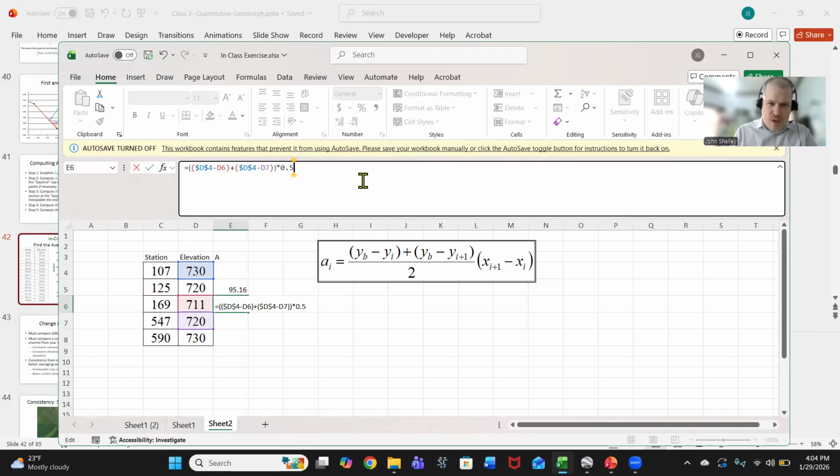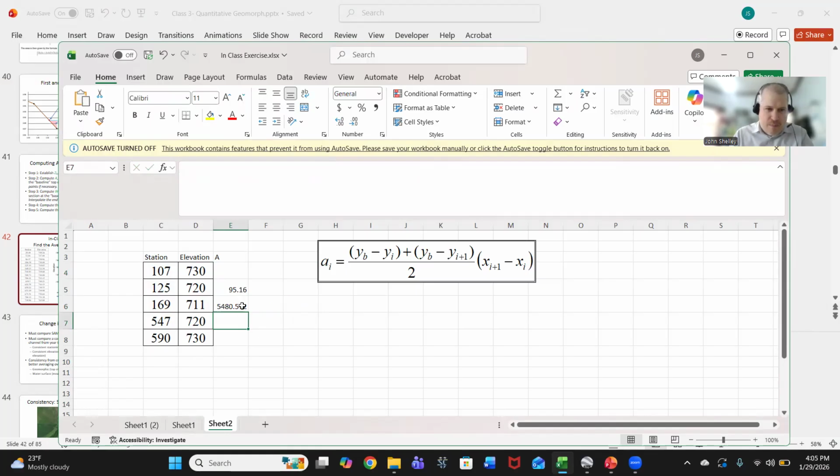And then multiply by the difference in the stations. So this to this. All right, so that's the area.